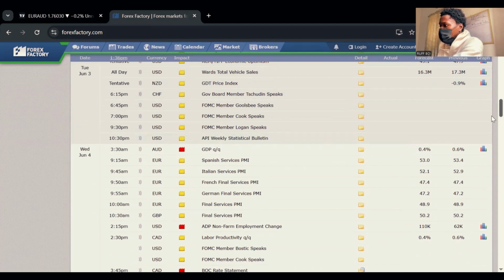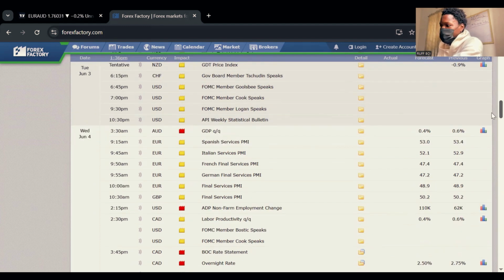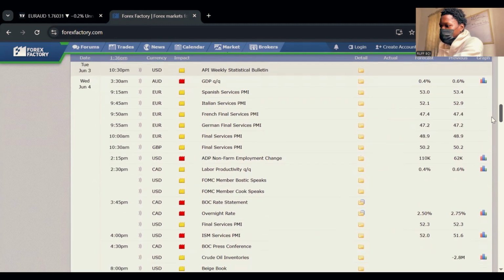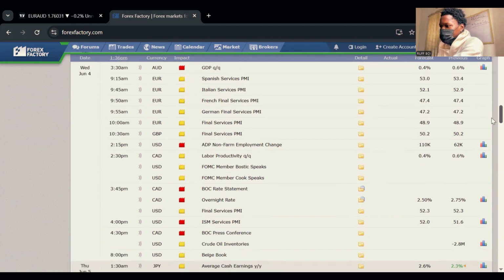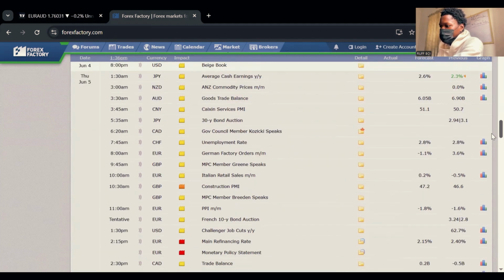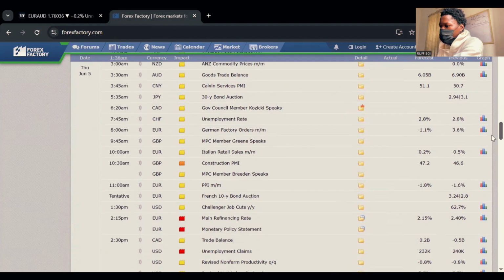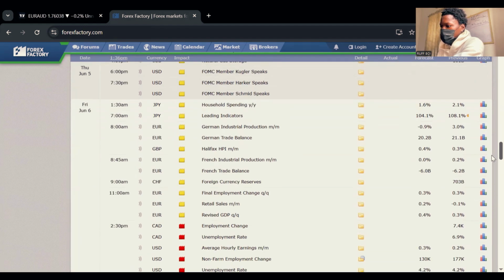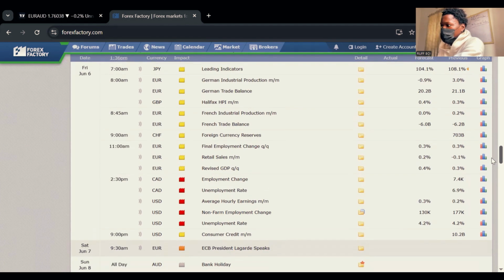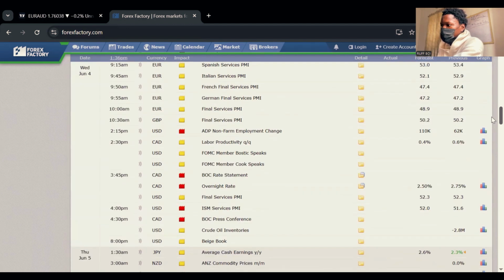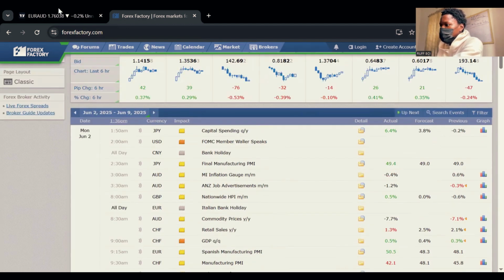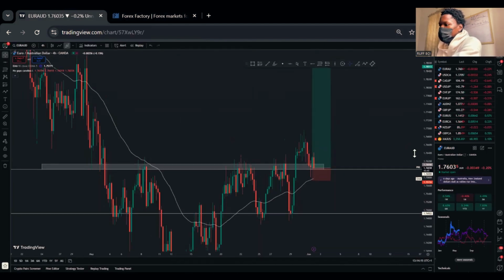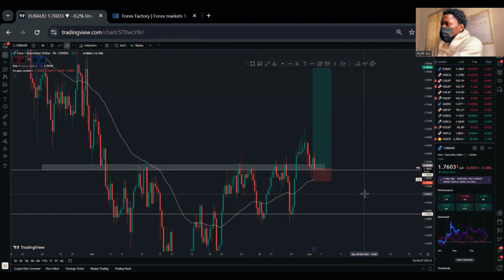That's 3:30 a.m. Mr. Wall Street is sleeping then. Okay, we have a series of news on Wednesday. We have news on Euro on Thursday. On Friday, we have the NFP news coming up. So that's that. I'm currently looking for a possible buy on Euro this week.